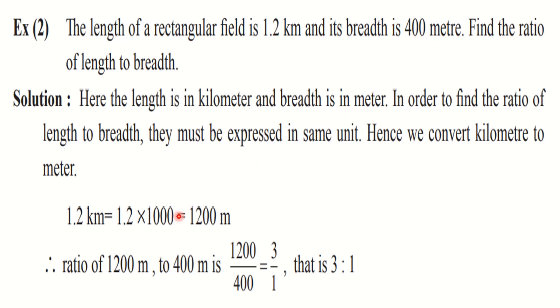So we can find the ratio of 1200 meters to 400 meters as 1200 upon 400. These 2 zeros get cancelled, and 12 we can write as 4 into 3, and 4 we can write as 4 into 1. 4 and 4 get cancelled, and the answer is 3 upon 1, that is 3:1. That means the ratio of length to the breadth is 3:1.